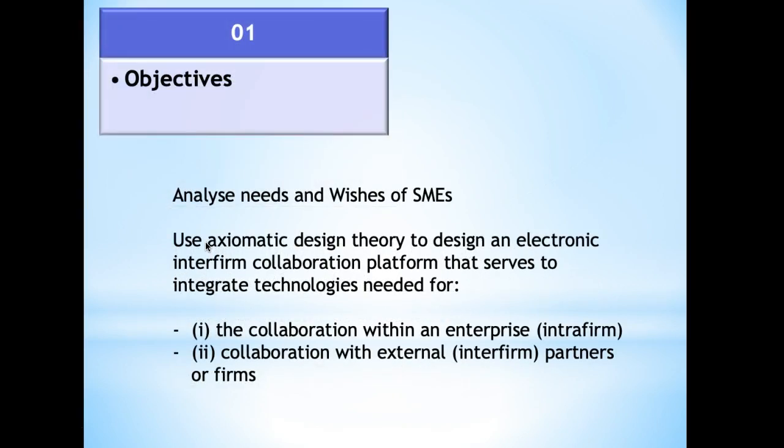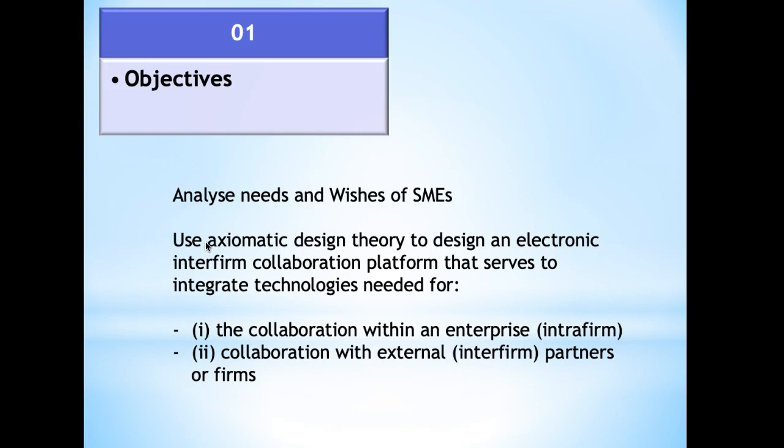As I was saying earlier, the objective is to analyze the wishes and needs of the SMEs, and secondly, to use axiomatic design theory in order to design an electronic inter-firm collaboration platform, whose role is to serve and to integrate different technology needed for this type of purpose.